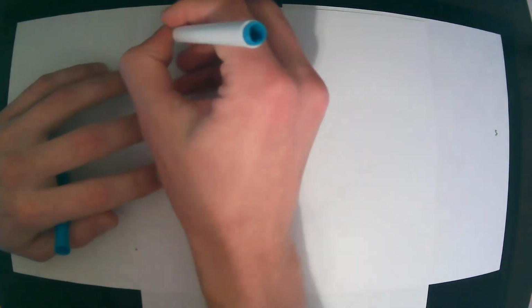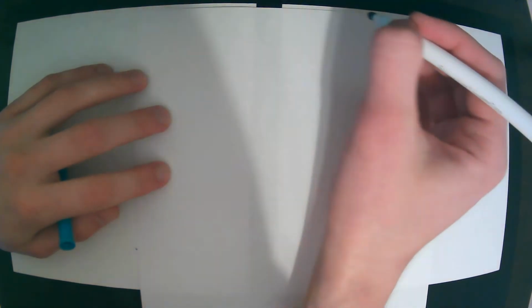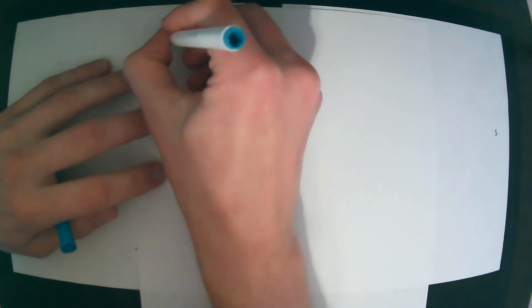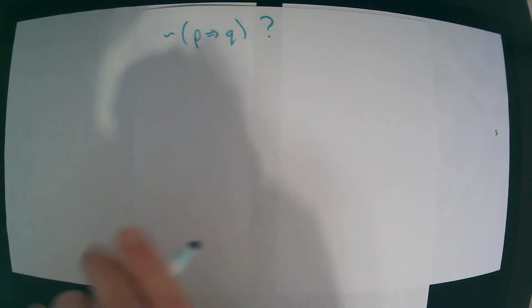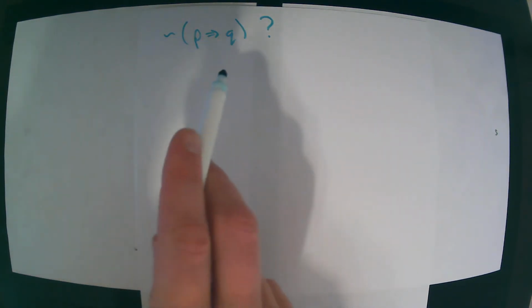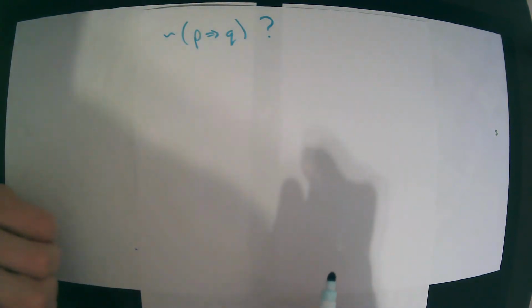So what about the negation of a conditional? We talked about conjunctions and disjunctions for a while now. Let's get to, is there a rule for this? We know that with De Morgan's laws, we can distribute negatives, so to speak, across ands and ors. We know how to do that now. But is there an equivalent set of rules for the negation of P and Q, or the negation of P implies Q?